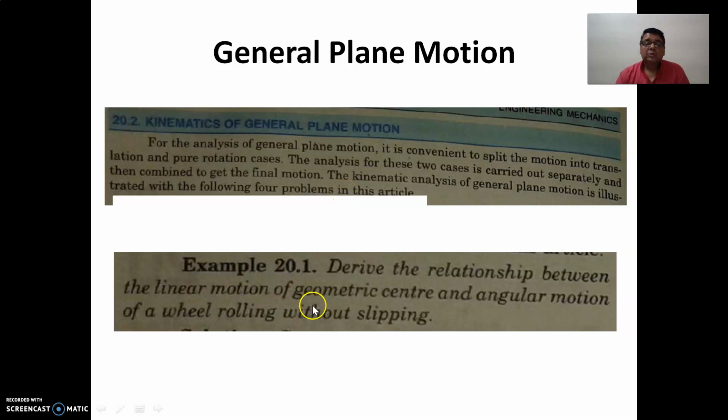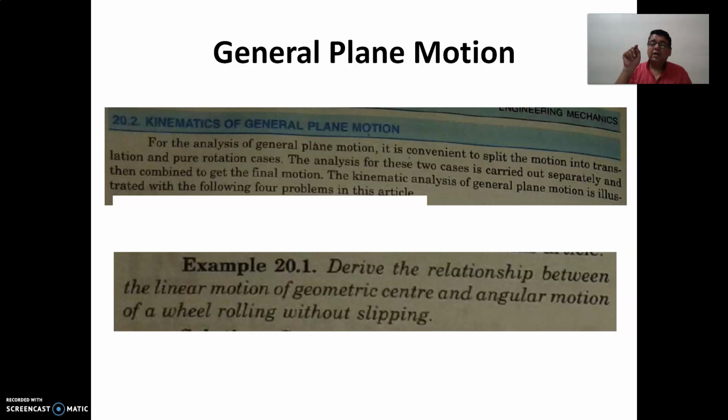Okay, so the first is: derive the relationship between the linear motion of geometric center and angular motion of a wheel rolling without slipping. Linear motion of geometric center means if it is a circle and that circle is moving, its center will move in a linear way, right?